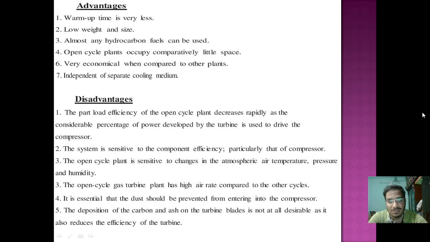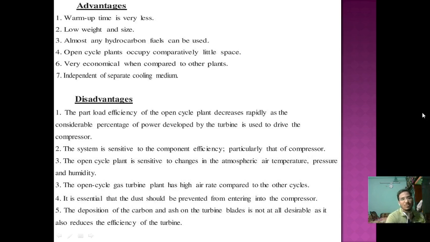That's why the percentage of the power developed by the turbine that is used to drive the compressor is also reduced, and the part load efficiency is reduced. The system is sensitive, particularly because of the compressor. It depends upon the main part, the compressor.